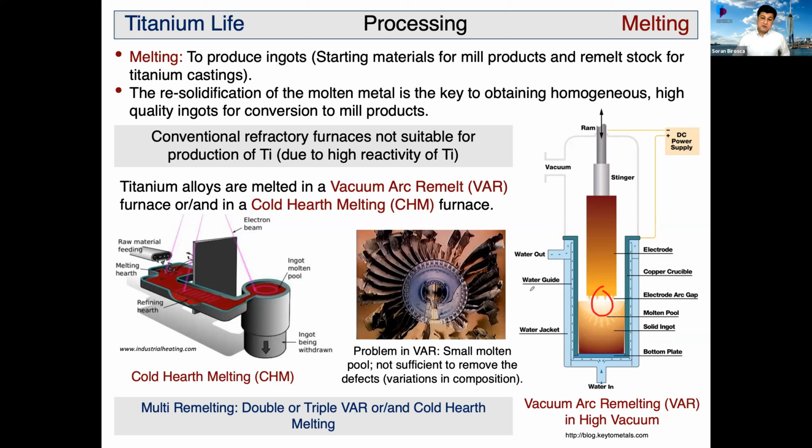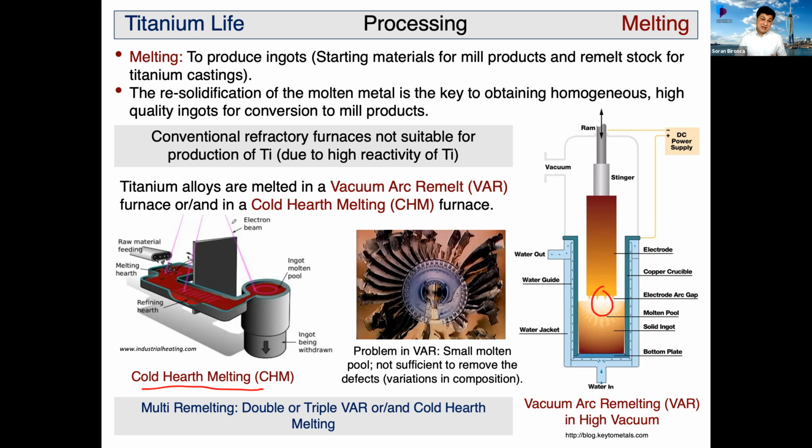This is an example of how a titanium blade is destroyed, as you will see, by a defect generated from the VAR that could not be eliminated. That's why they went to cold hearth melting, where you melt it again, and you melt the titanium alloy by electron beam or a plasma torch.